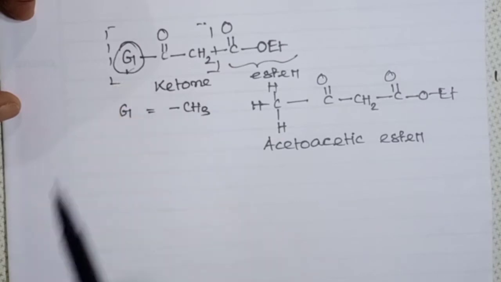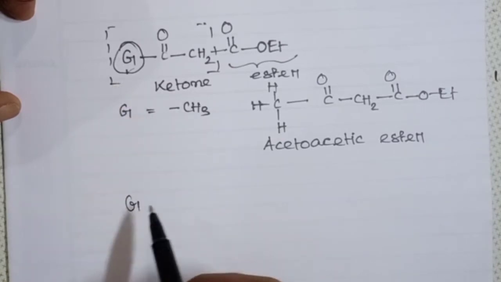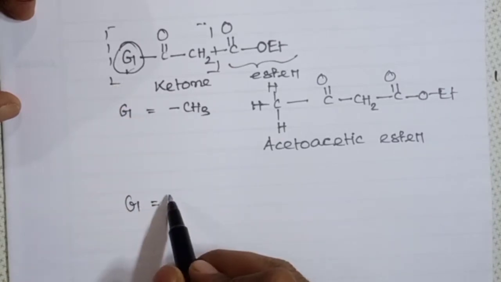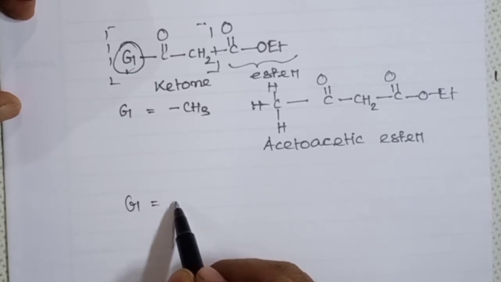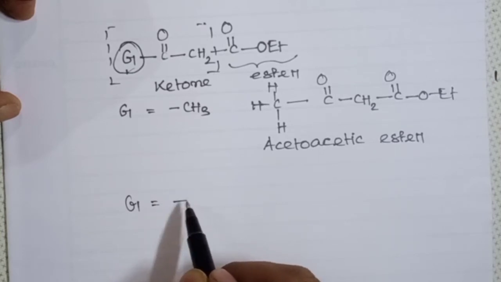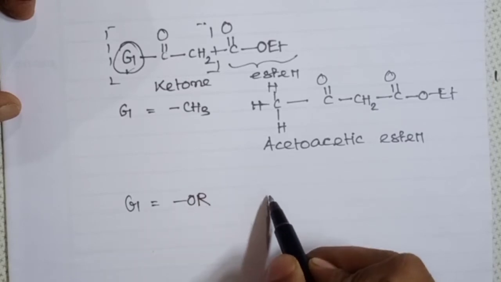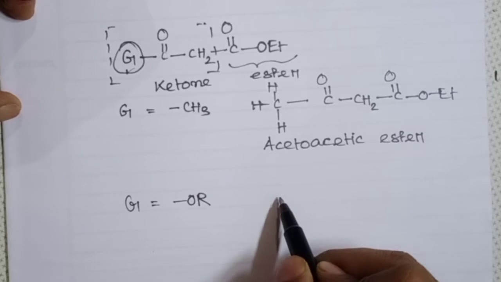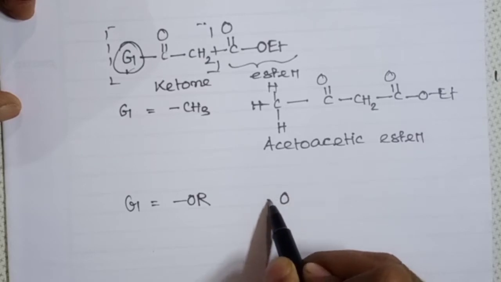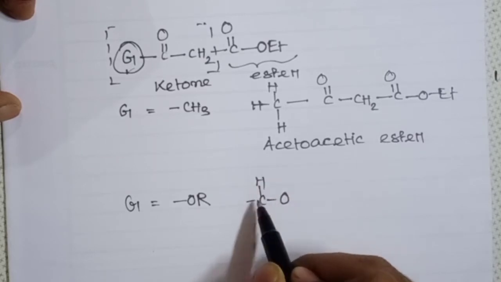If I replace the Z by an ester or OR group, R can be CH3, C2H5, etc. So here it is the oxygen, here it is a methyl group.